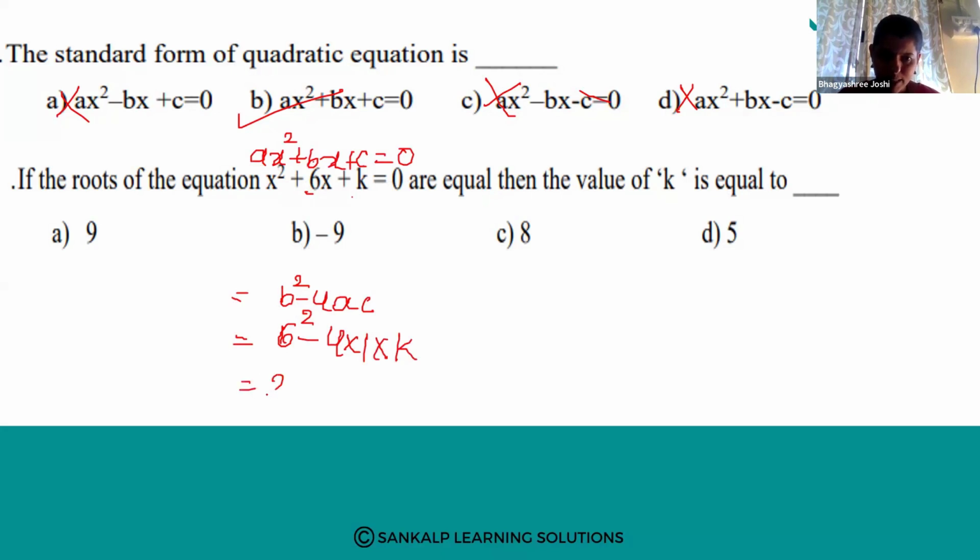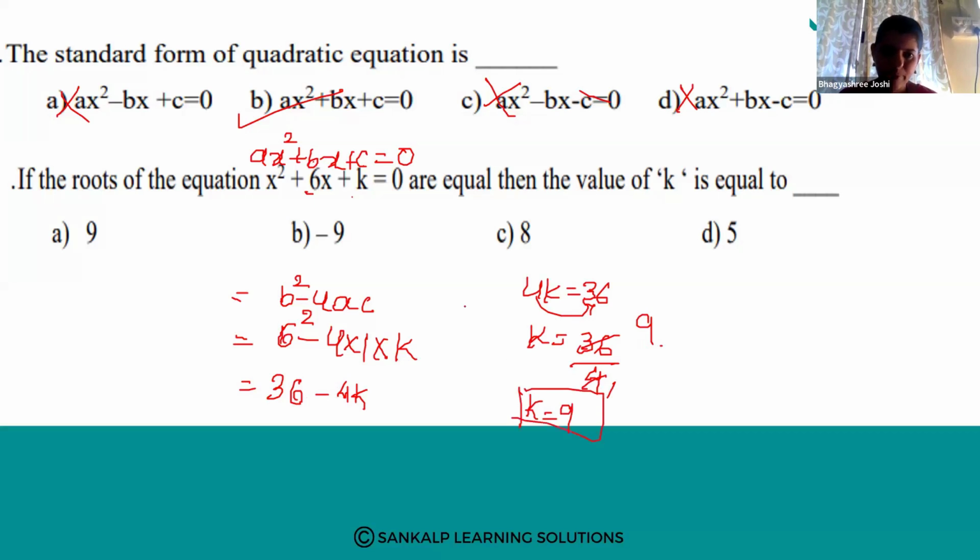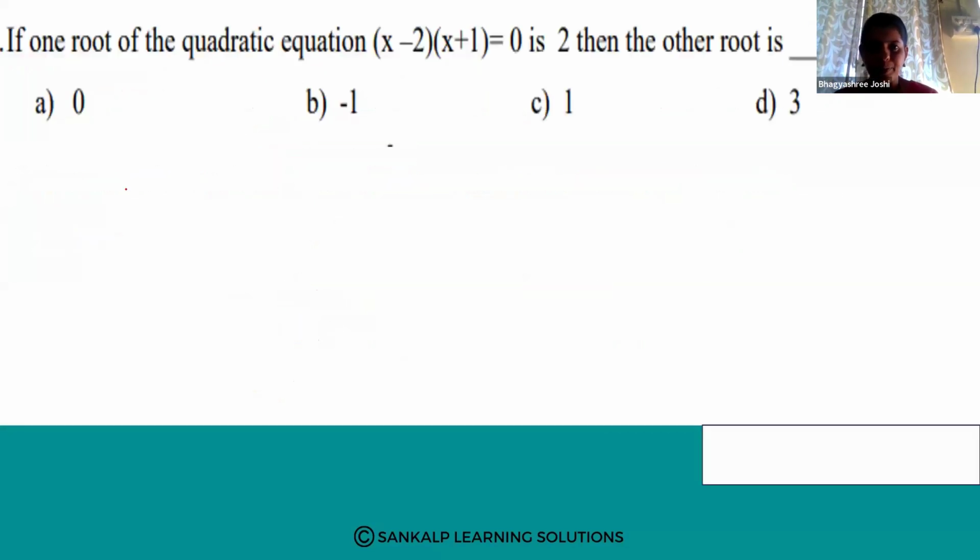So 6 square minus 4 into 1 into k. 6 square is 36, minus 4 ones are 4 into k, that is 4k. If you transfer 4k to this side, 4k is equal to 36. Transfer this 4 to this side, 36 divided by 4, 4 nines are 36. That means k is equal to 9. So option A is right.